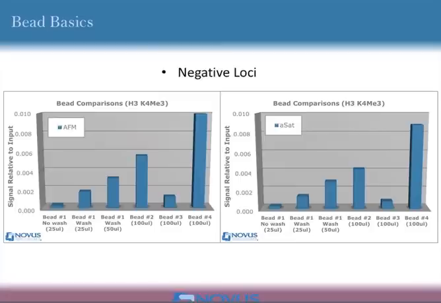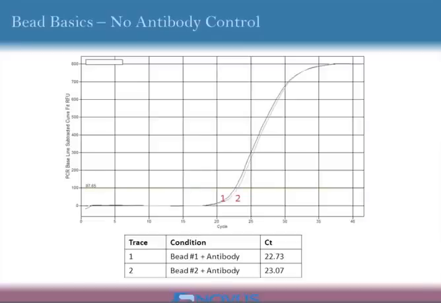So first of all, looking at your beads and whatever you choose to use, of course, you want to use a positive control antibody that you know works well and works well for a specific primer set. But it's also very, very important to include the no antibody control to make sure that it's amplifying what it should well, but also not amplifying and not picking up what it shouldn't.